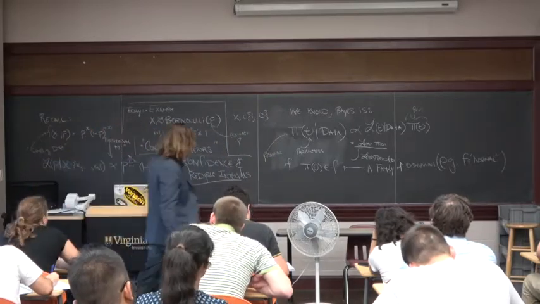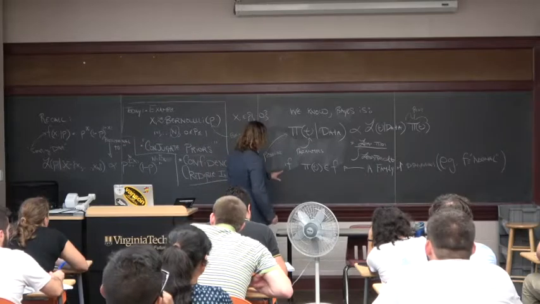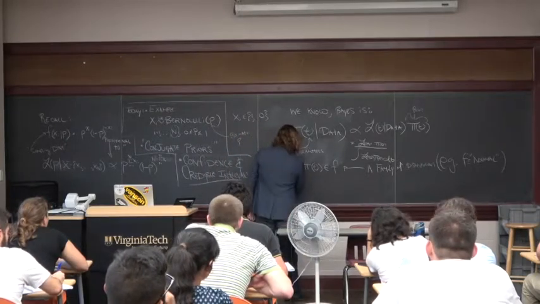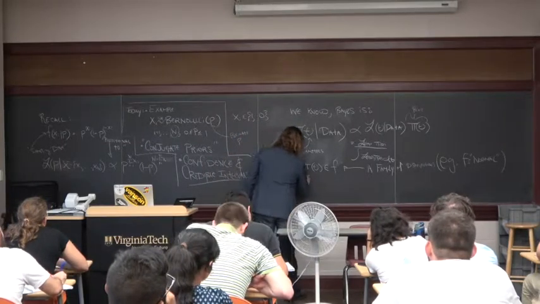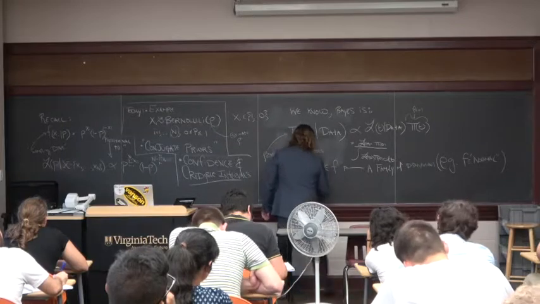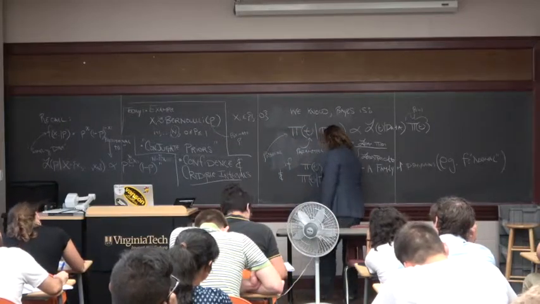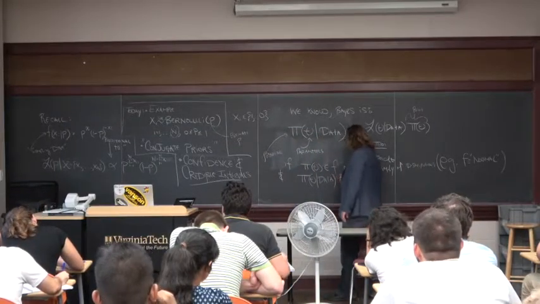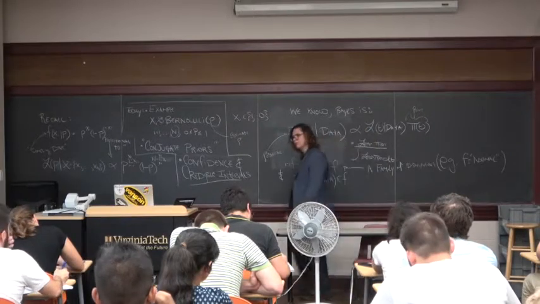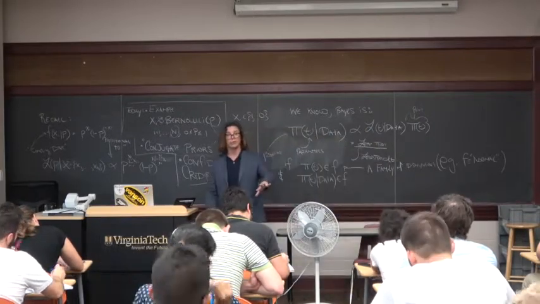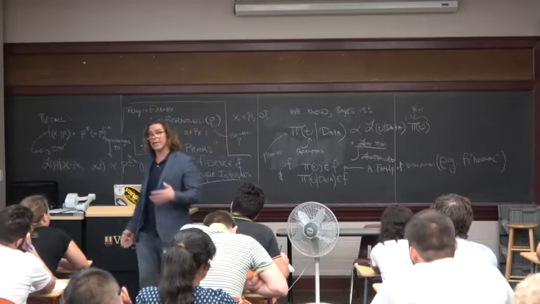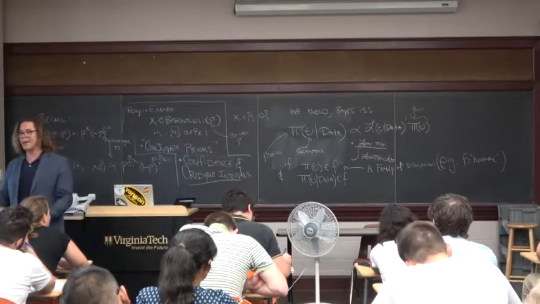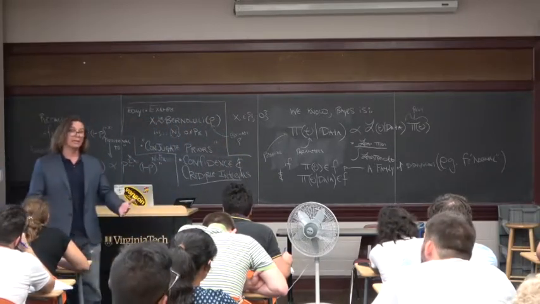So if your prior is an element of this family and your posterior is also an element of the same family. So if your prior is normal and your posterior belongs to that same family, it's a normal. It's a different member of the family. It's been updated.